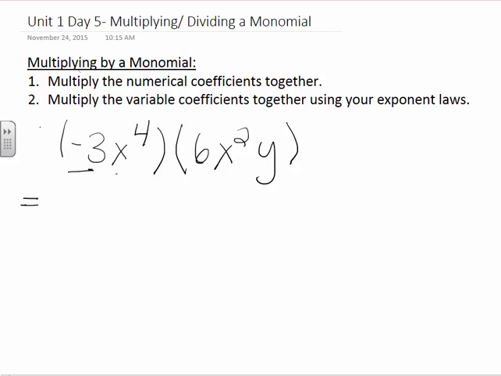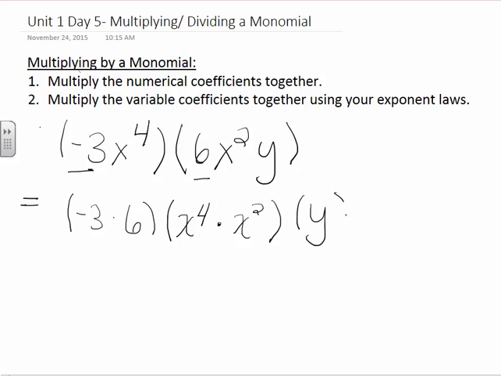First we multiply the numerical coefficients together, so the negative 3 and 6. Then we multiply our variables together, so we group them in like terms.